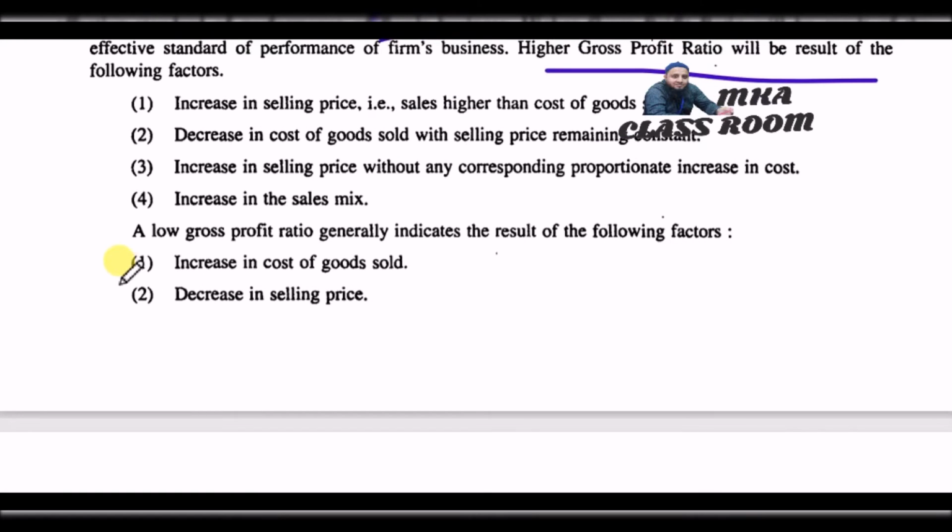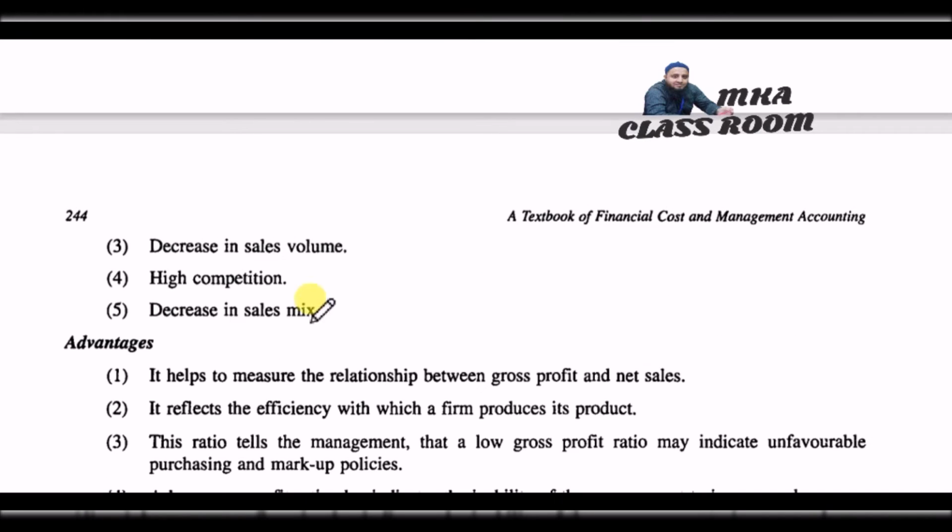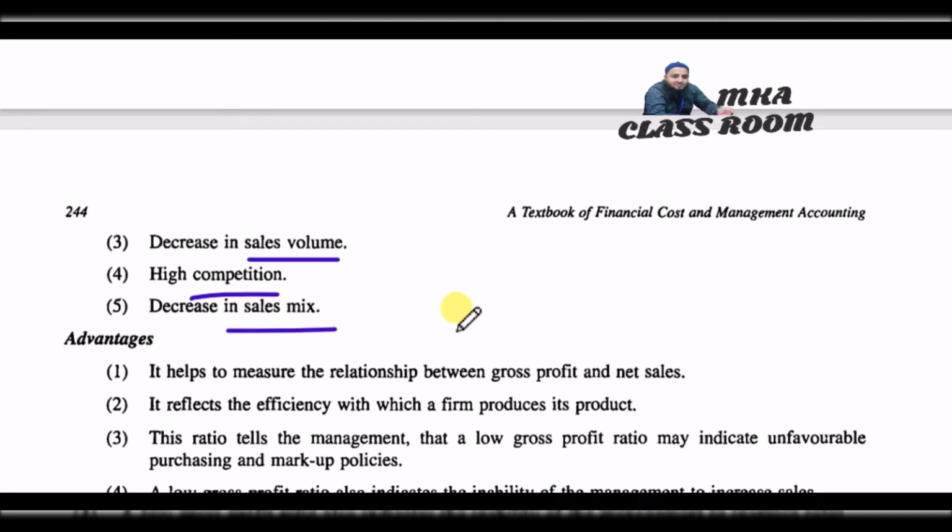A low gross profit ratio indicates an increase in cost of goods sold, decrease in price, decrease in sales volume, high competition, or decrease in sales mix.